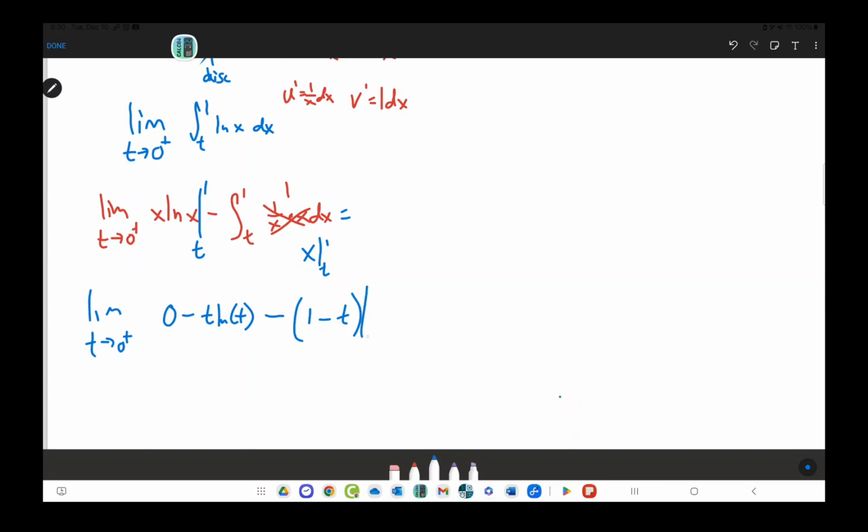So we end up with the limit as t goes to 0 from the right of negative 1 minus t natural log of t plus t. Now, what happens when I plug in 0? That's 0, that's 0, so we just get negative 1.